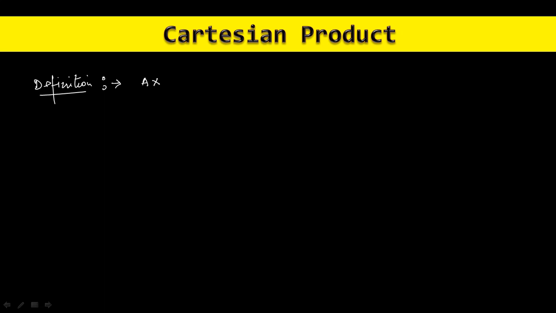Cartesian product is represented by A cross B. And how to write Cartesian product? It's written as (a, b) in round brackets such that a belongs to capital A and b belongs to capital B. Now, what are A and B here? A and B are two sets.